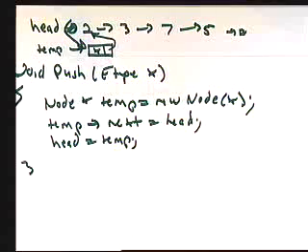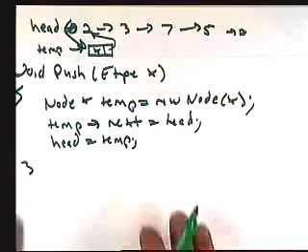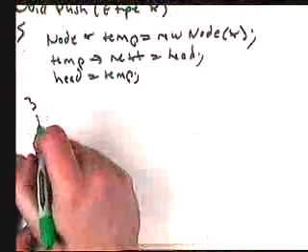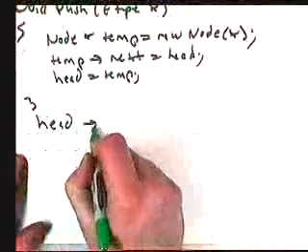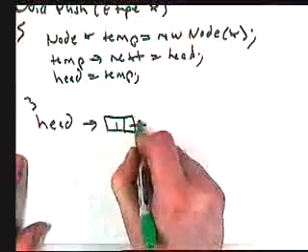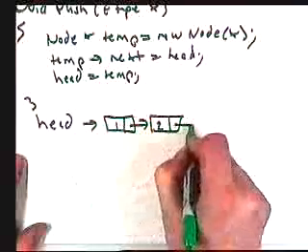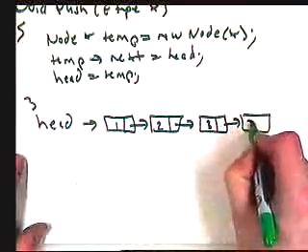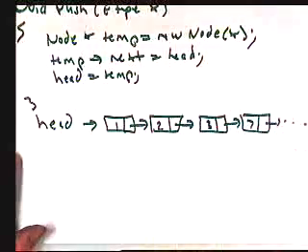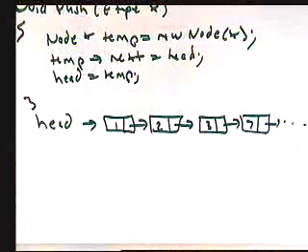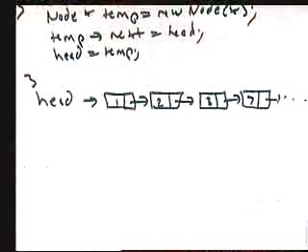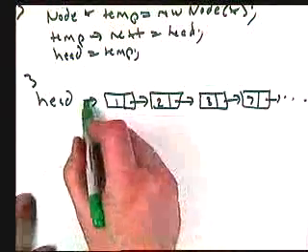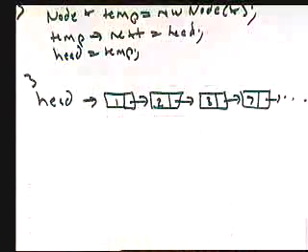As far as pop goes, pop is interesting, because if we've got this list set up here where I say head, and let's say we have 1, followed by 2, followed by 3, followed by 7, and so on and so forth. Now notice as far as pop would go, I can't just say, well, point head to 2, because then I leak memory for 1.